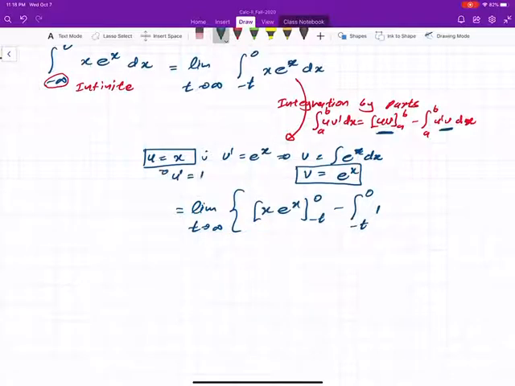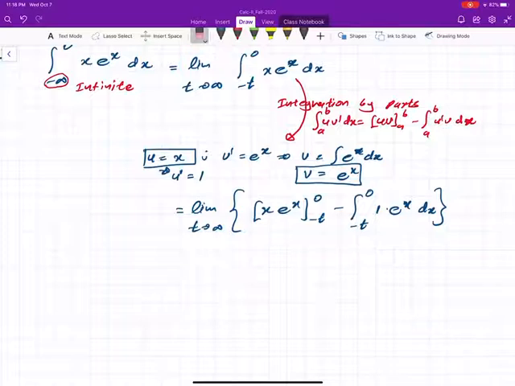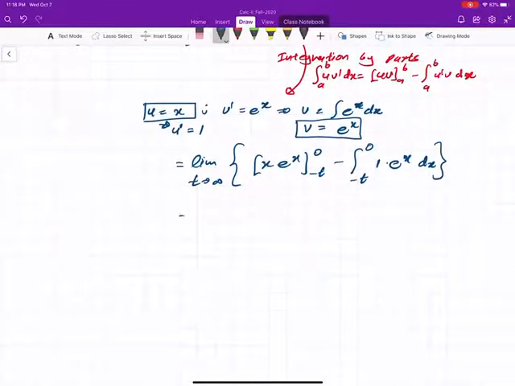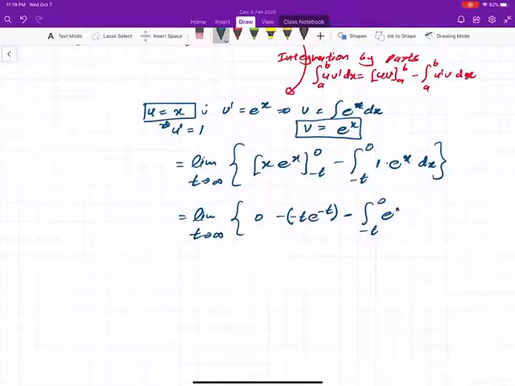This will give you u prime equals 1, and then v is e to the power x dx. So that's easy now. Go forward. So this is limit t goes to infinity. You plug the upper limit, you get 0. You plug the lower limit, it is minus t e to the power minus t. And then here, minus the integration from minus t to 0 of e to the power x dx.